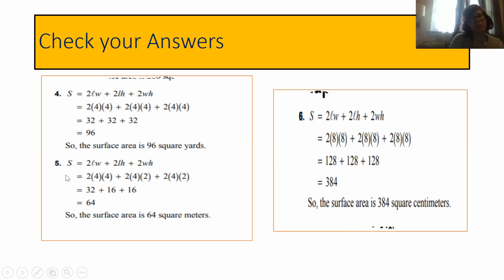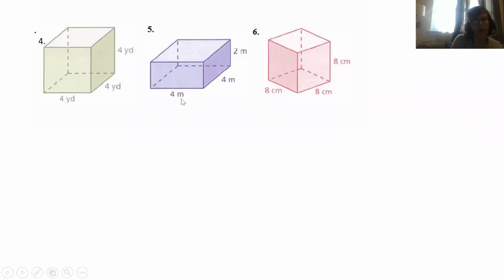So here is problem number 5. Again, we're using surface area equals 2 times the length times the width plus 2 times the length times the height plus 2 times the width times the height. If you go back, you can see that we had 4 meters, 4 meters, and 2 meters.